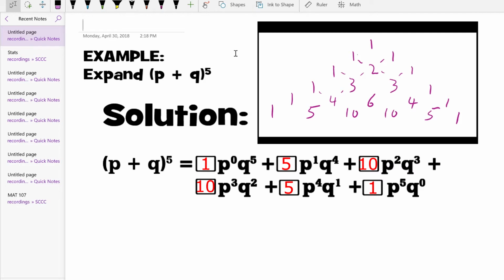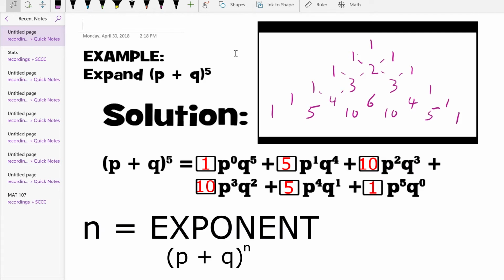And here the symbol n represents the exponent in the expansion of (p + q) to the n. Here, the role of the n is played by the number 5.